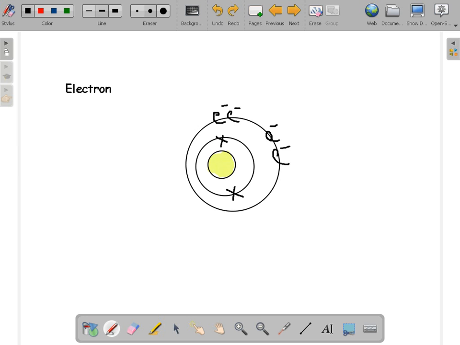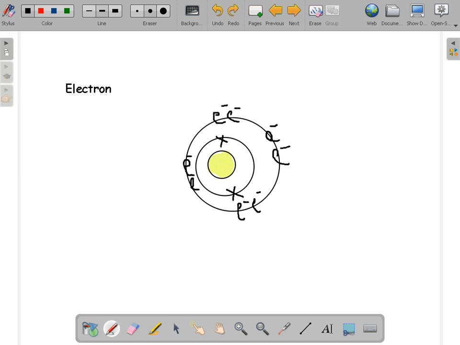I'm drawing them in pairs because that's the usual way to do it, but it doesn't matter how you draw them for this level, just draw them anywhere as long as they're in the specific shells or orbits. Notice I have 2 electrons in my first shell and 8 in my second shell.